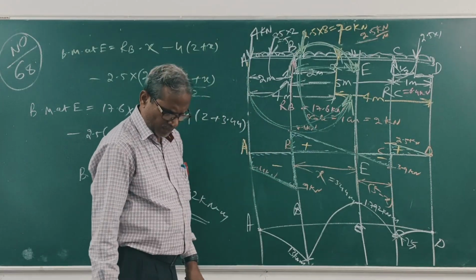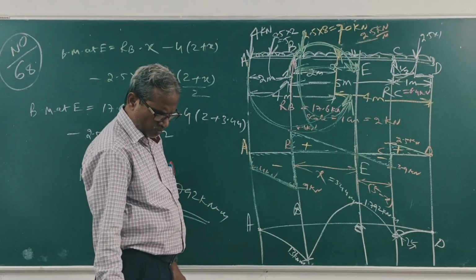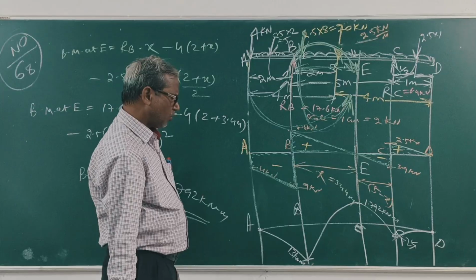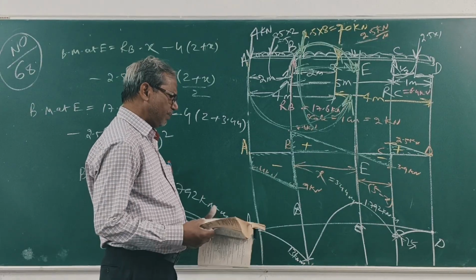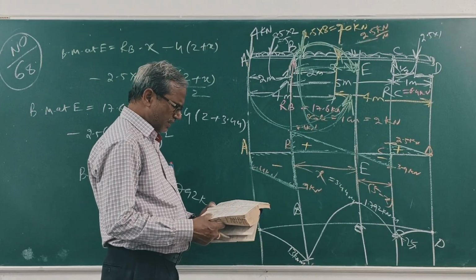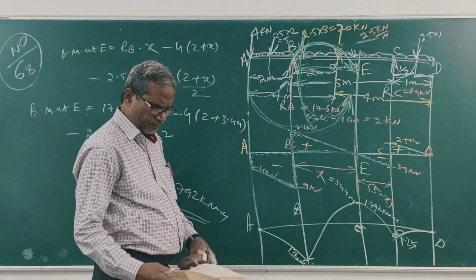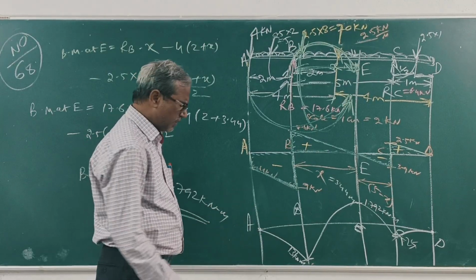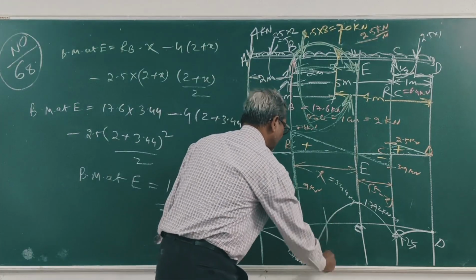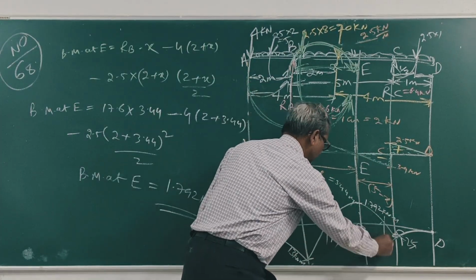Here also there are two points of contraflexure, between B and E, and between E and C. Clear? So two points of contraflexure, P1 and P2.